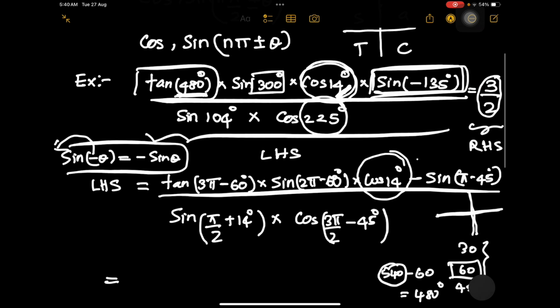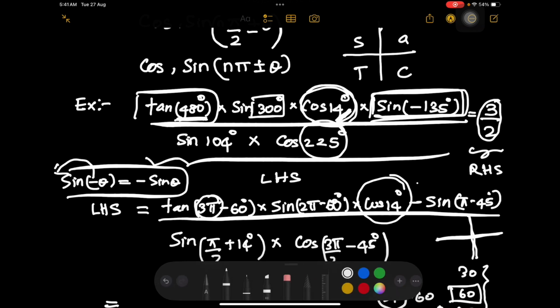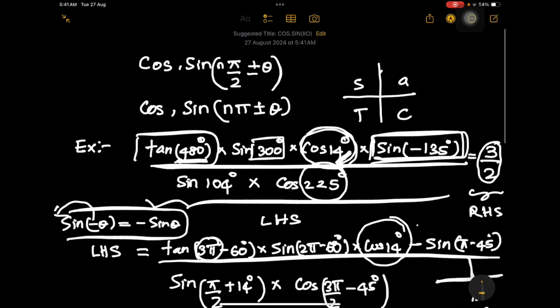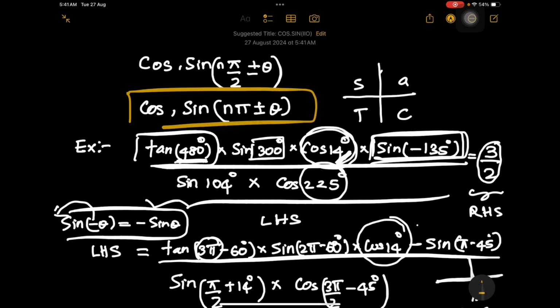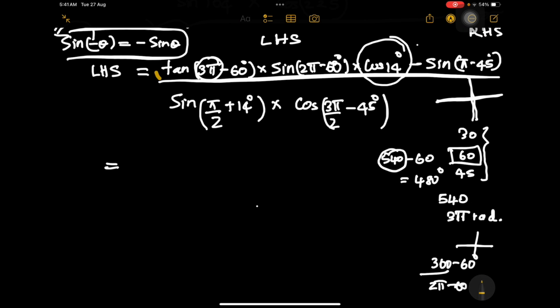So here 3 pi means n pi, right? It comes under the n pi theory. This theory we have studied for sine and cosine can be applied for tan as well. So in this case, tan is going to come, tan 60. But what about the sign? All silver teacup.